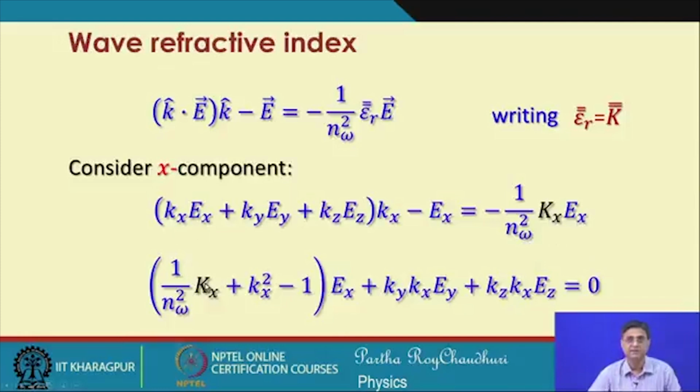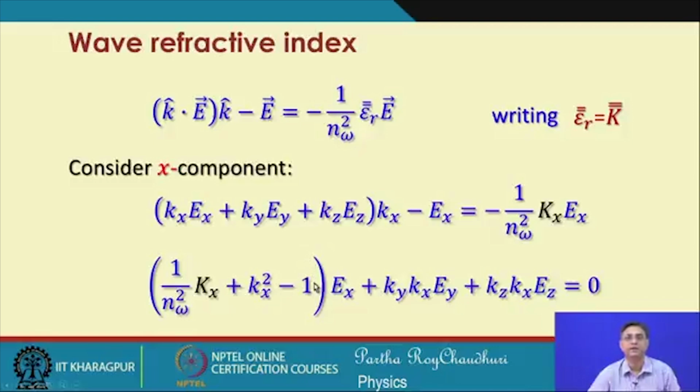If I rearrange this equation, then you can write it in this way, because I put all Ex's together, Ey's together and Ez's together. So, you can write this equation in this form, and this is for the x component.